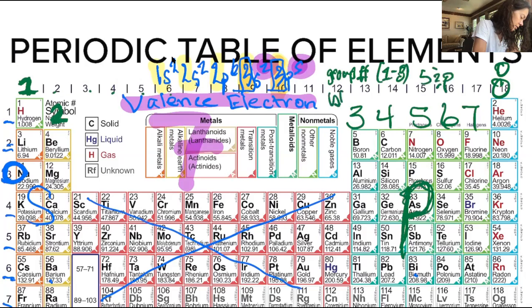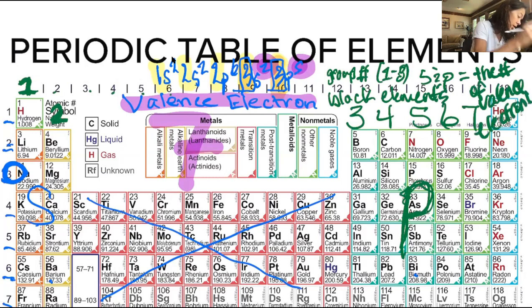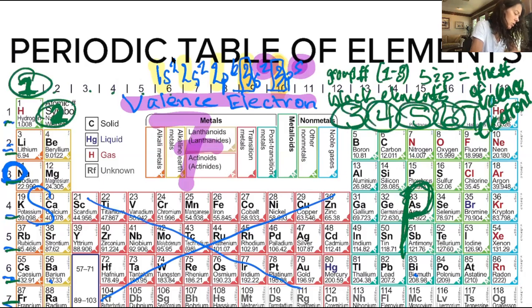I'm going to erase my 8 right here. The group number for the S and P block elements is equal to the number of valence electrons, right? So what we just learned is that the period number tells you what energy level the valence electrons are located on, and the group number tells you how many valence electrons are there.